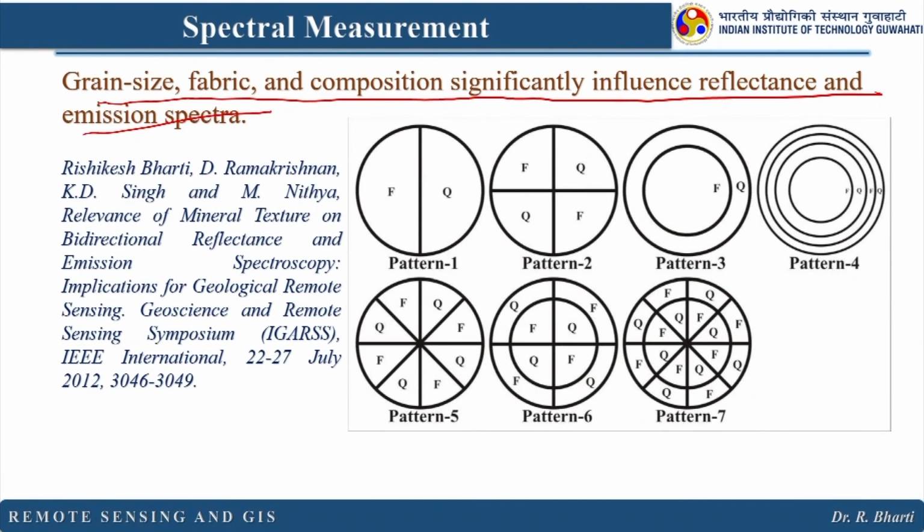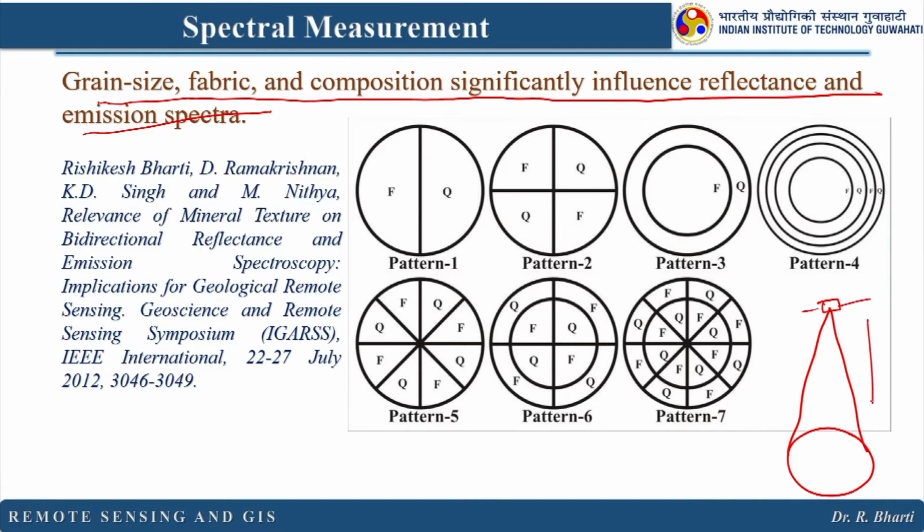Here you can see there are 7 different patterns which I have used to generate the spectral library, right. To explain this, consider that with this particular pattern, at a particular height I have fixed my sensor.